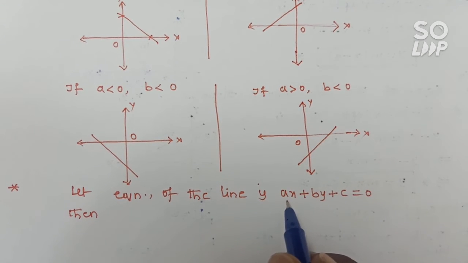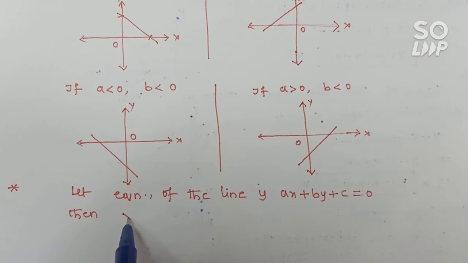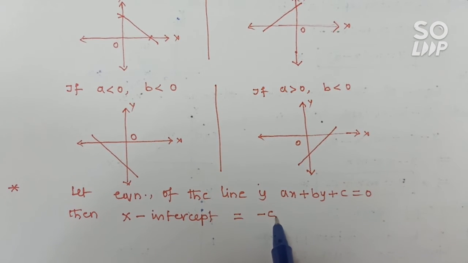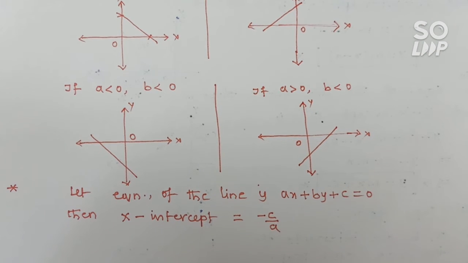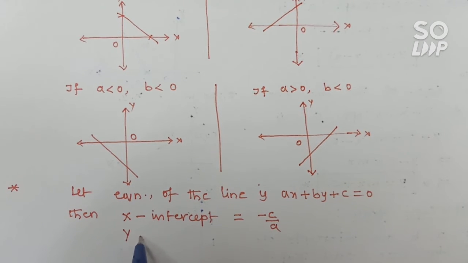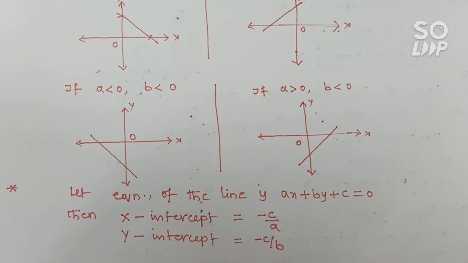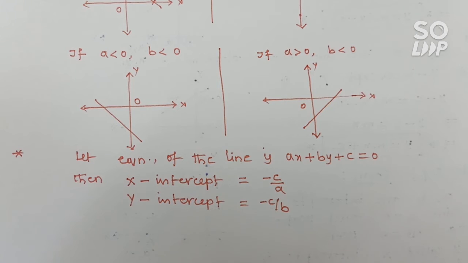The x-intercept of this line is equal to minus c by a, right? And the y-intercept is equal to minus c by b.